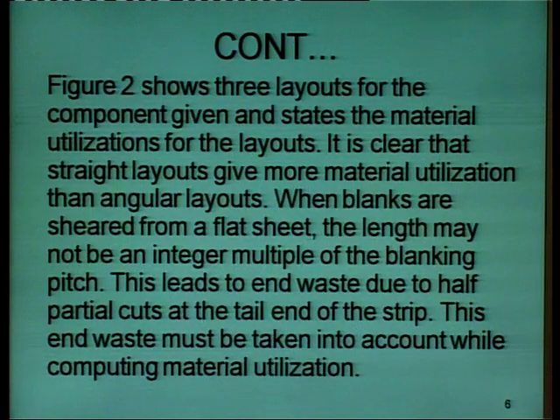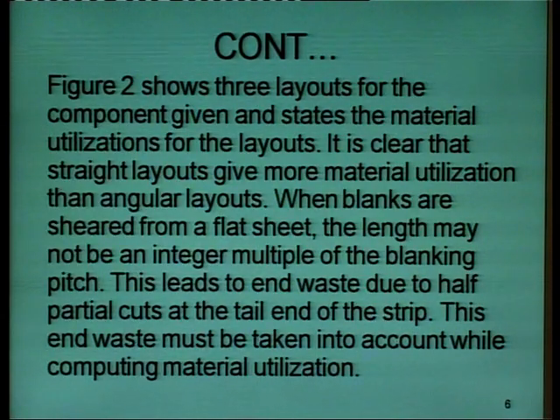Now, when blanks are sheared from a flat sheet, the length should not be an integer multiple of the blanking pitch, that is, the length should not be a whole number multiple of the blanking pitch, because otherwise this will lead to end wastage due to half partial cuts at the tail end of the strip.